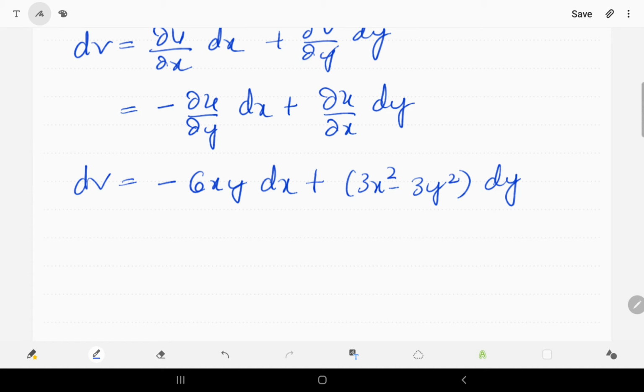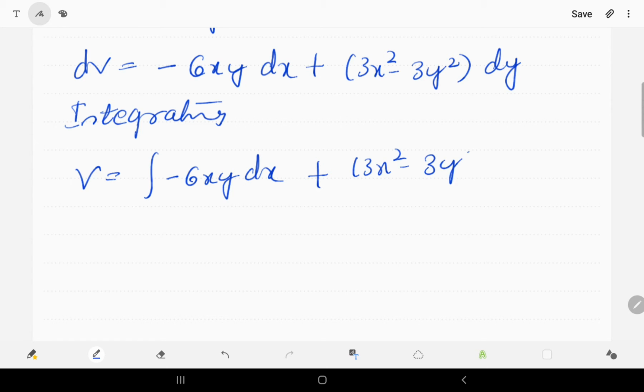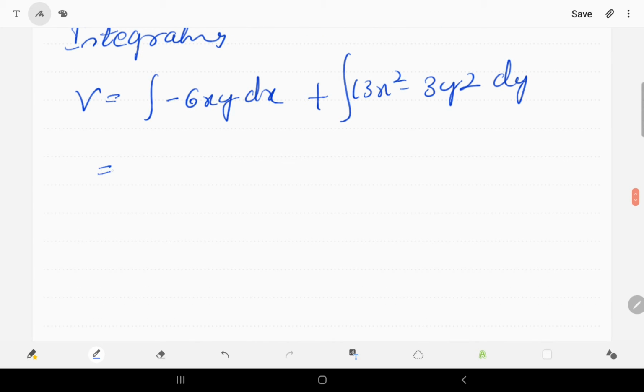This is dv. Now integrating, it becomes v is equal to integration of minus 6xy dx plus 3x square minus 3y square dy.